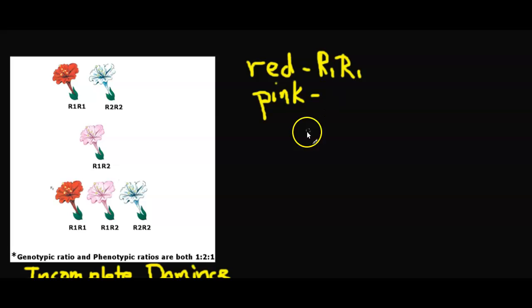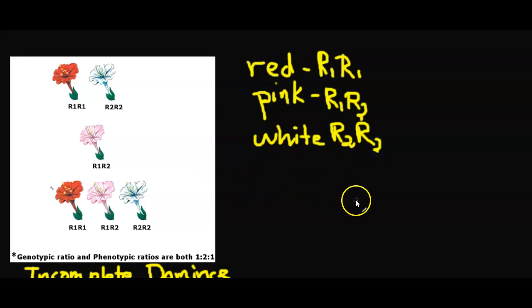Notice how I'm going to write it. R1, R2. And the white is going to be R2, R2.